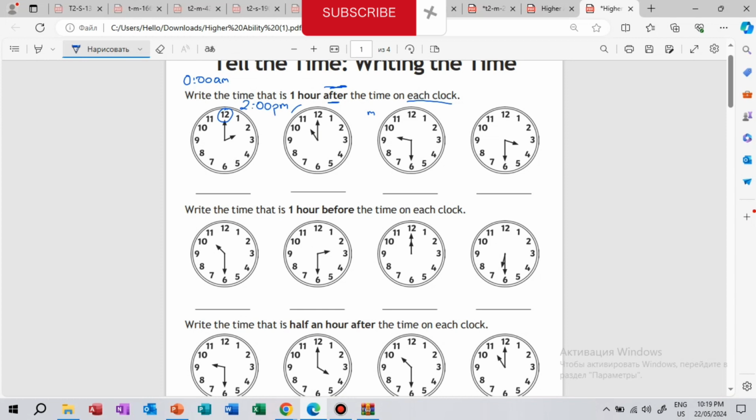After it, it turns to 1 a.m., 2 a.m., 3 a.m., 4, 5, 6, 7, 8, 9, 10, 11, 12. Now, after it reaches 12 on a 24-hour format, the next number is not going to be 1. 1 will be 13. Wait, let me just make some space. It will be 13.